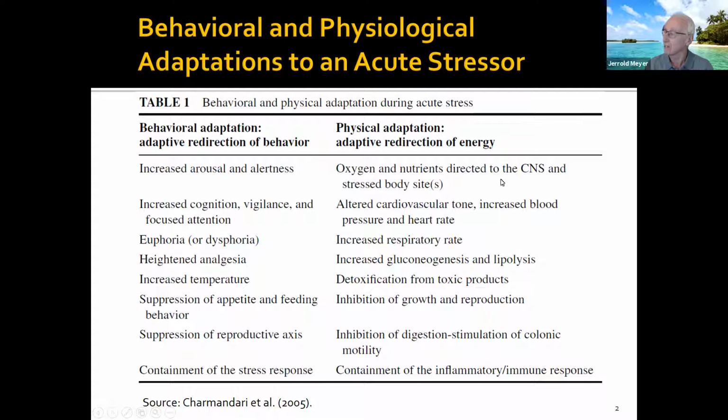There are changes in blood flow that direct nutrients and oxygen, nutrients being mainly glucose, but also fatty acids, to the brain and other body sites, such as skeletal muscle, increased blood pressure and heart rate, increased respiratory rate, increased gluconeogenesis, which is the de novo synthesis of glucose in the liver, and lipolysis, the breakdown of fat stores by the liver.